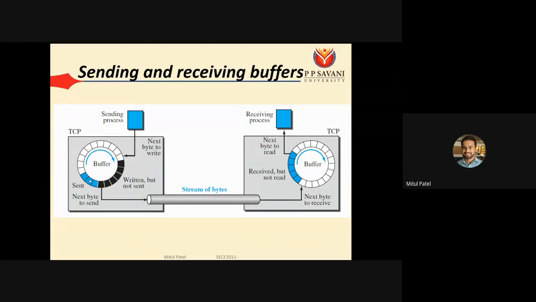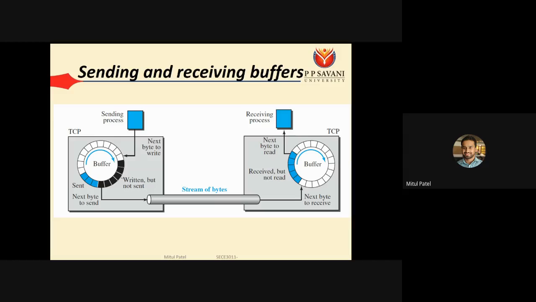Our transmission is complete only when we have sent some packet and got the acknowledgement, and then we can say our transmission is successful. That's why it is indicated by blue color.